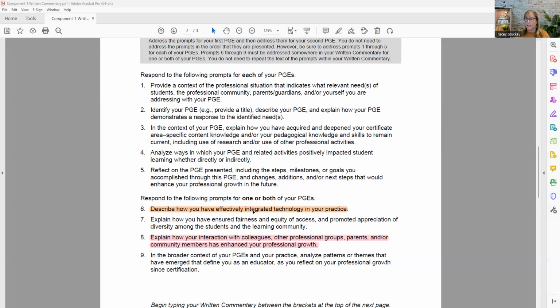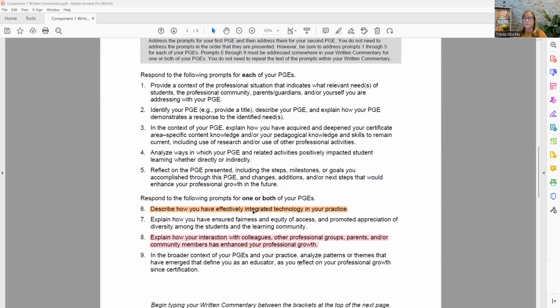We don't use technology as much as people in the upper grades, where the students can really manipulate things like Edpuzzle and Kahoot and Quizlet. So sometimes you will think outside the box for your technology. Just remember, integrated into your PGE, not just something that lingers around you and you never use it.